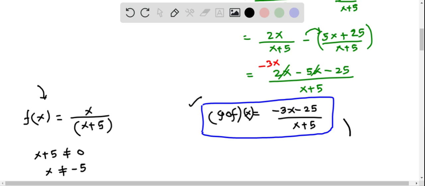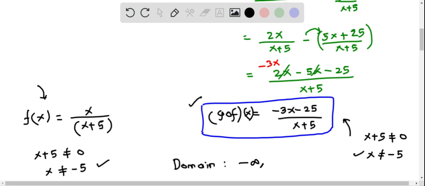And for the composite function, we have the domain restriction, that is, this denominator should not equal 0. So we get x plus 5 not equal to 0. And this also gives x is not equal to negative 5. So in both domain restrictions, we get x is not equal to negative 5. So therefore, we can write down the domain of this composite function in interval notation.